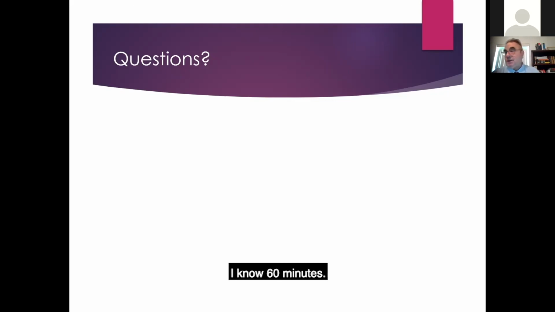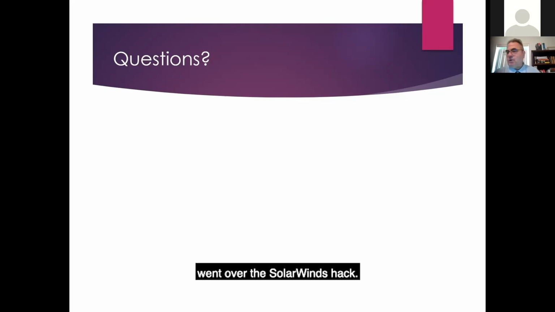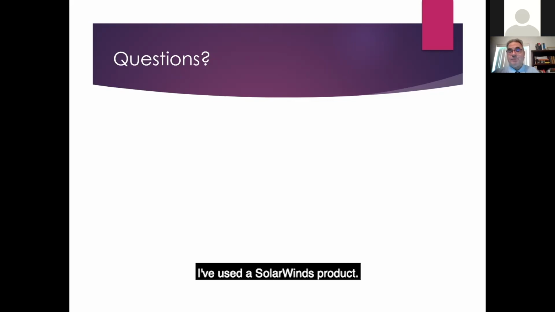I always watch 60 Minutes. They have a lot of good talks on cybersecurity. They went over the SolarWinds hack. And I think President Biden has actually done sanctions against Russia for the SolarWinds hack. I've used the SolarWinds product. It's a very good product.